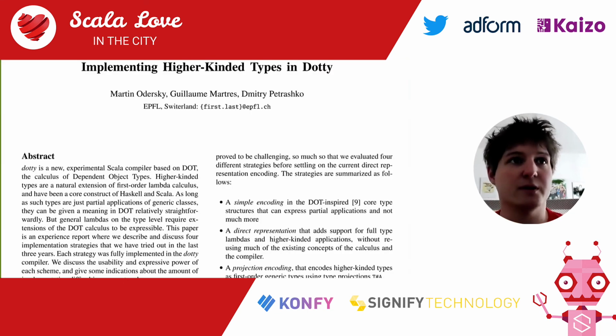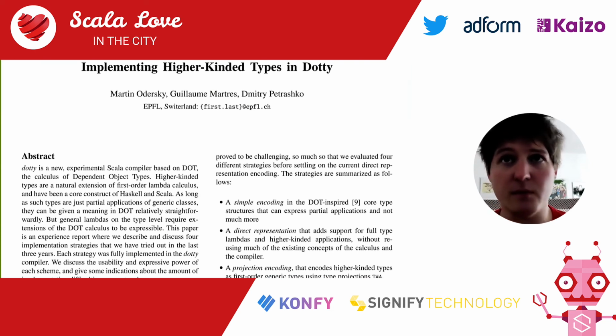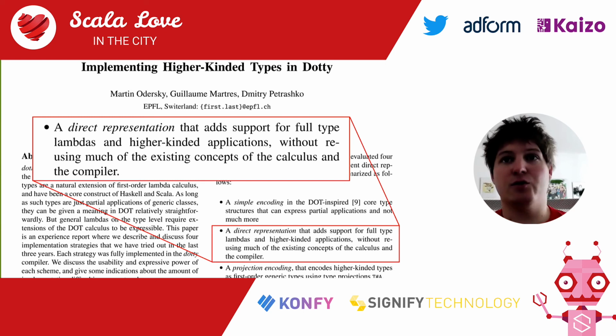There's also a paper on how they implemented higher-kinded types in Dotty. They considered a few different encodings. In the end, they decided to have a direct representation of all of that stuff, type lambdas, SI 2712, and so on, in the Dotty compiler, which means that now we can definitely say that the lines in the Scala 3 compiler have been written with all of these things in mind, as opposed to the Scala 2 compiler.